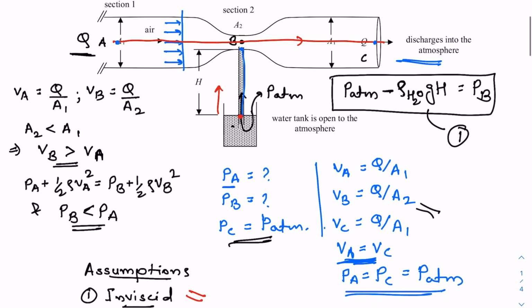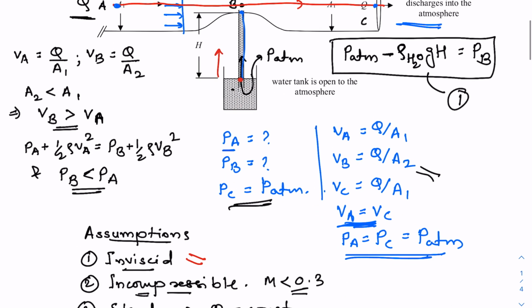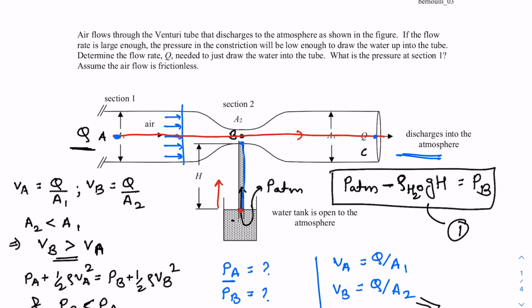So this is a very interesting result because the air is flowing even though there is no pressure difference between points A and C. You might be familiar with the fact that for making a fluid flow through a pipe, we need to apply a favorable pressure gradient. But here, since pressure at A and C are equal, how is the air flowing?